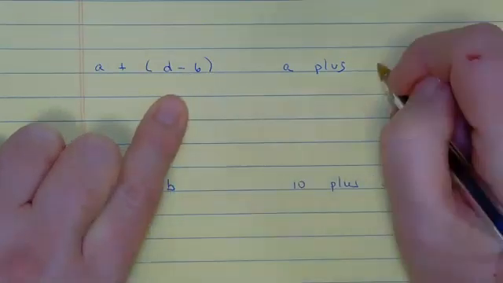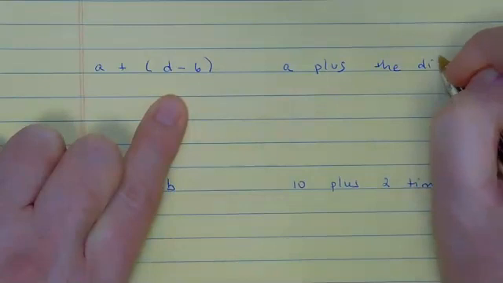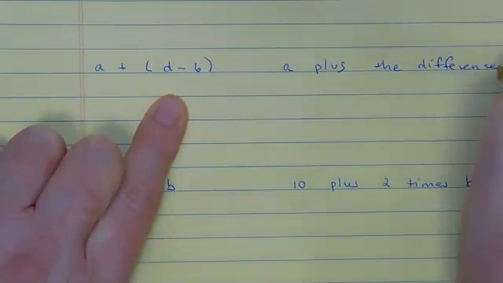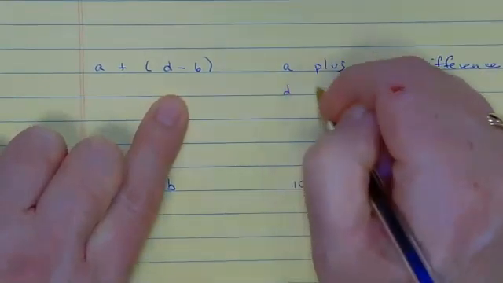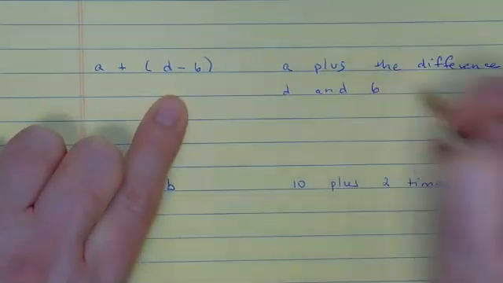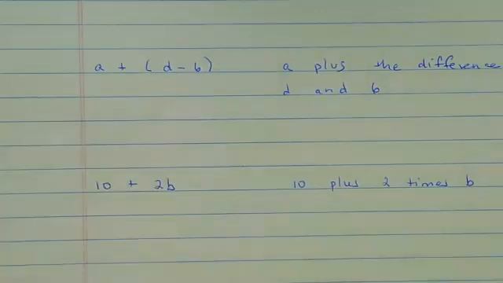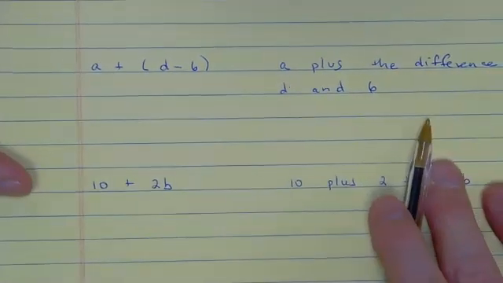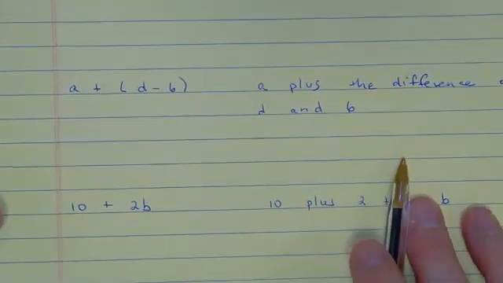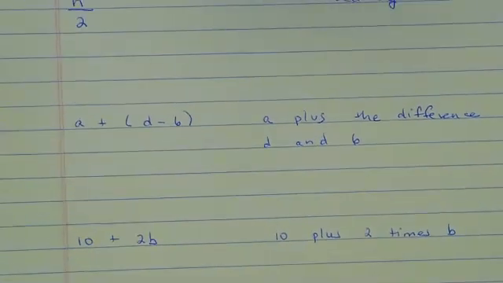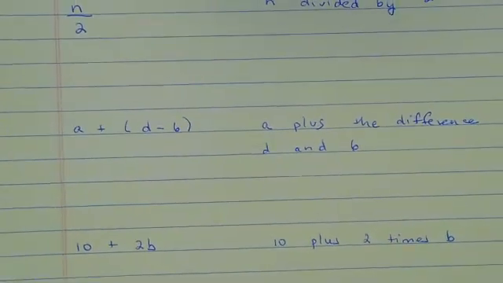A plus the difference of D and 6. Or you could say A plus the quantity of, not quotient, because quotient means divide. So go ahead and make those quick corrections if you needed to do any of them. And then hit resubmit. And then we're going to start today's lesson.